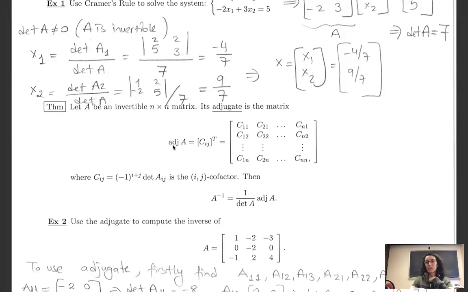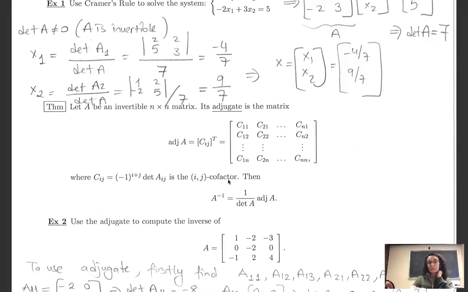Sometimes we say also adjoint, but sometimes we say adjugate. They are both the same thing. And this matrix is given as the transpose of the cofactor matrix. If you remember, we were finding these cofactors Cij by using this determinant formula, and this is called the ijth cofactor.